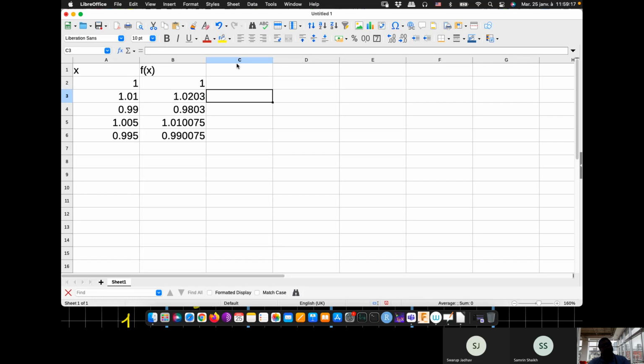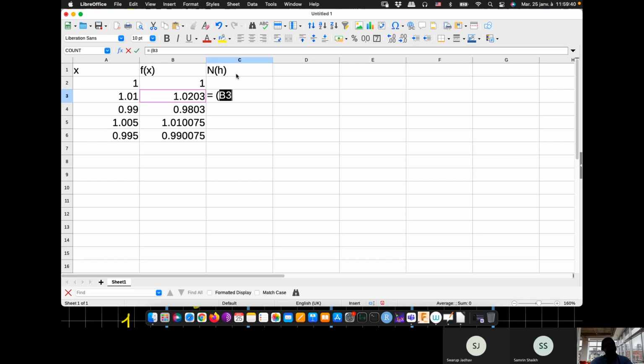Now I'm going to calculate this value here. Remember, for these two, the h is 0.01, and for these two, h by 2, that is 0.01 divided by 2. So now you tell me how much it will be here.